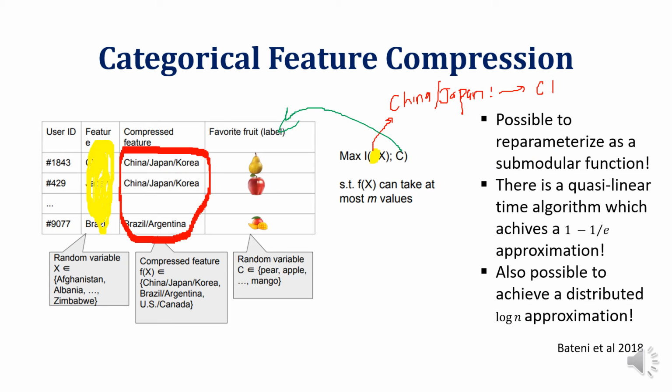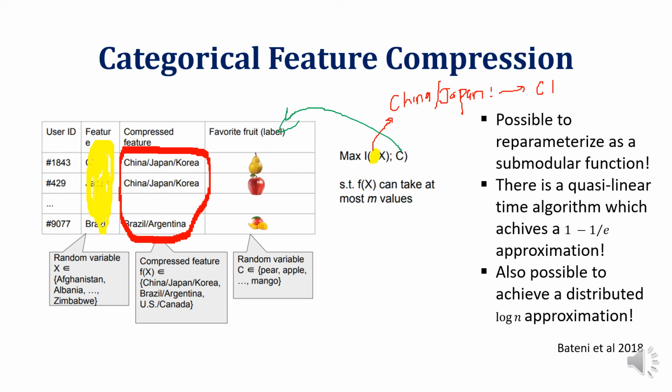Bateni et al. in 2018 looked at another very interesting variant for feature subset selection, but this was in terms of categorical feature compression pivoted on this function f. F is a function that takes in, say, features such as China or Japan and maps them to a single category C1.